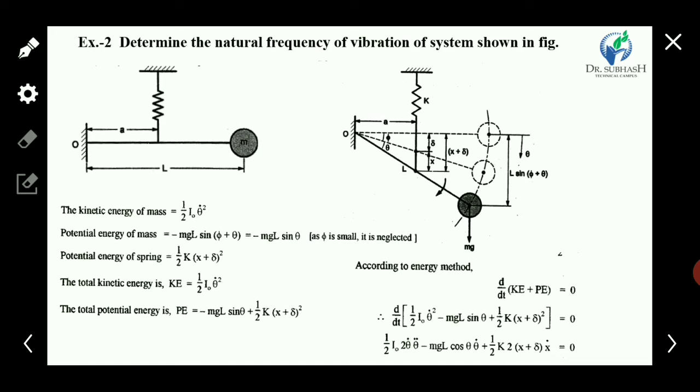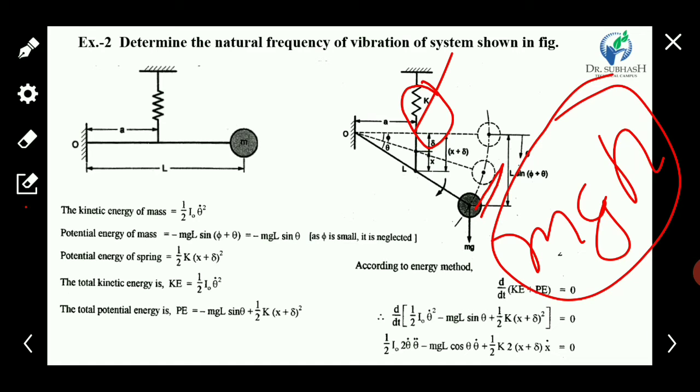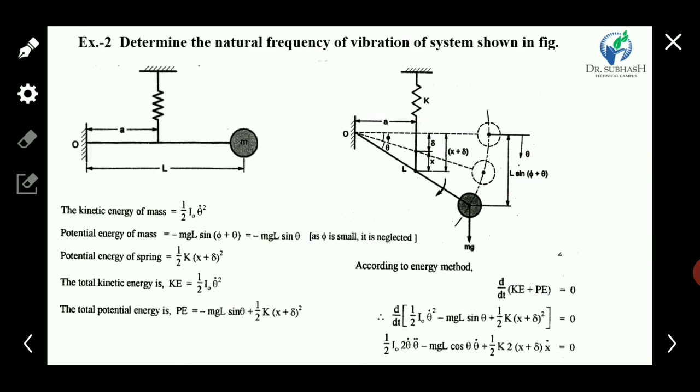Then release the mass. The energy given by the displacement is stored as potential energy of two types: one is the spring energy and the other is the mgh energy. When the mass is released, the potential energy is converted into kinetic energy and moves the pendulum to the equilibrium or mean position.